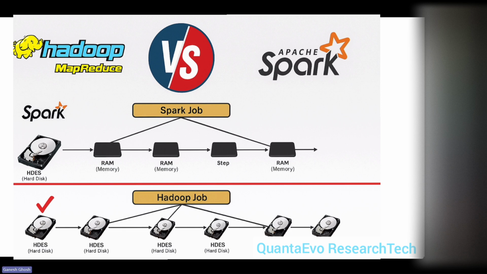Then at the end of the process, we write it directly to the disk. It does the whole process in RAM, not reading from hard disk and writing back after each step. That's the reason it is faster.